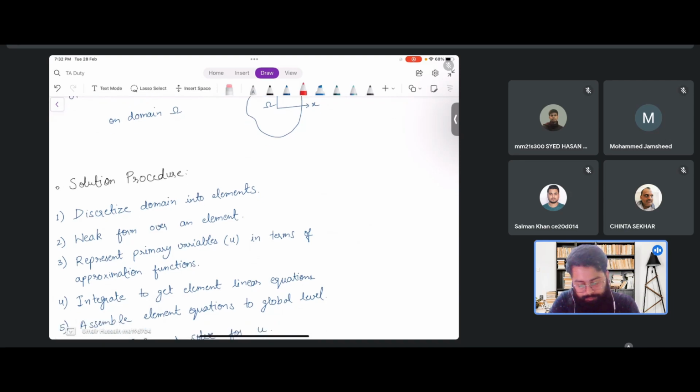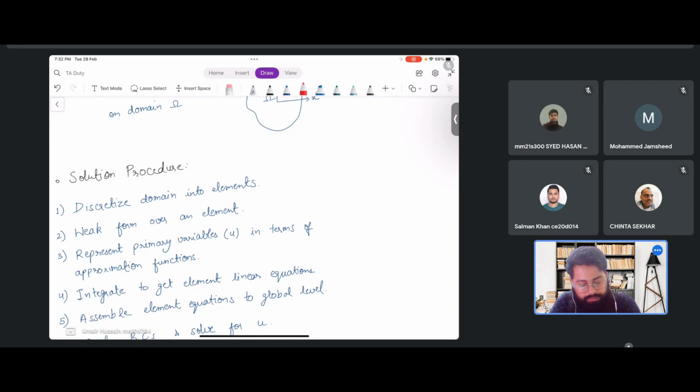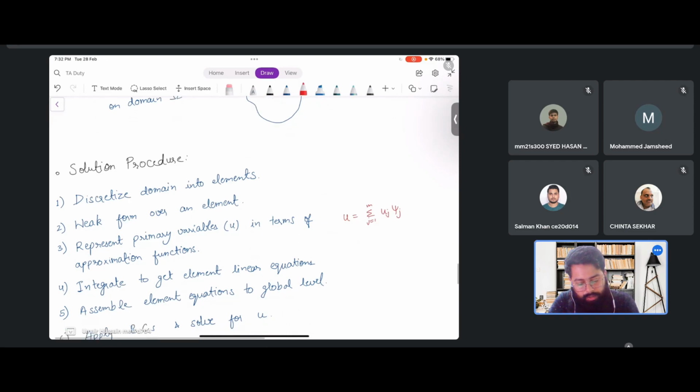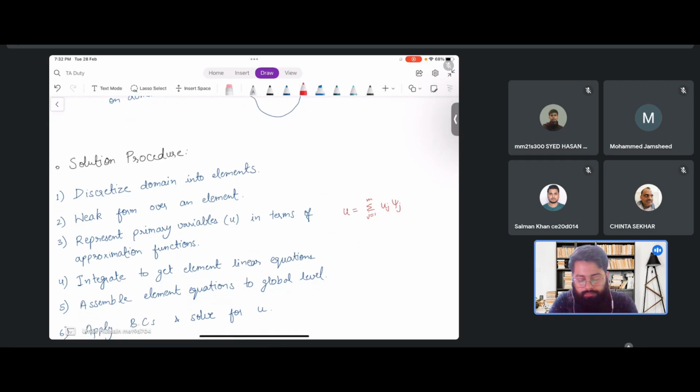So that's a weak form, and then we represent the primary variable in terms of approximation functions, which is done like this. And we apply this approximation into the weak form, and integrate those terms and get the linear equations.